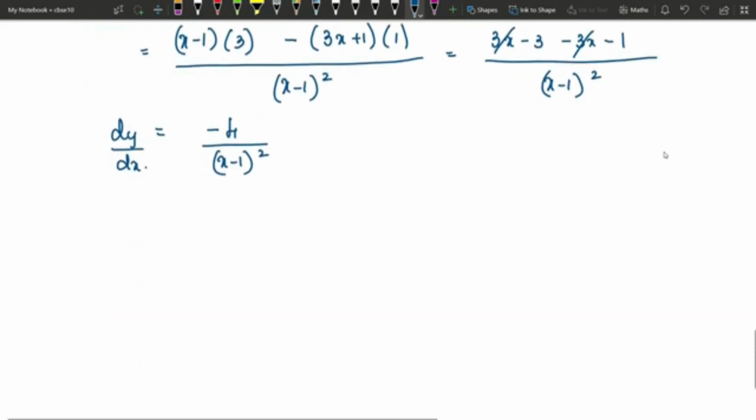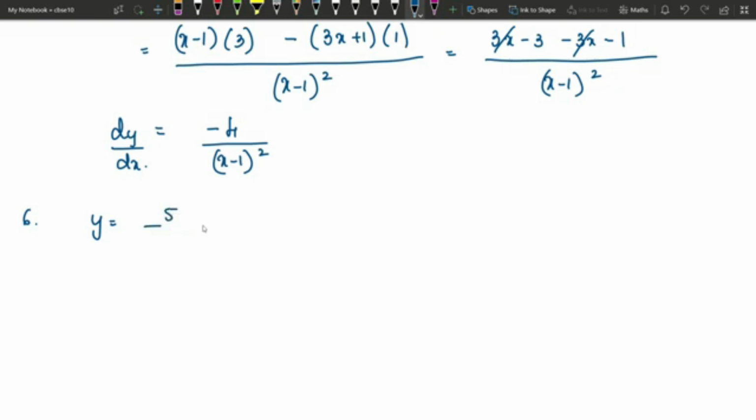Say for example, you have a question like this: y equals to 5 by x square minus 1. Okay, something like this, or I'll just take 5 by x square.